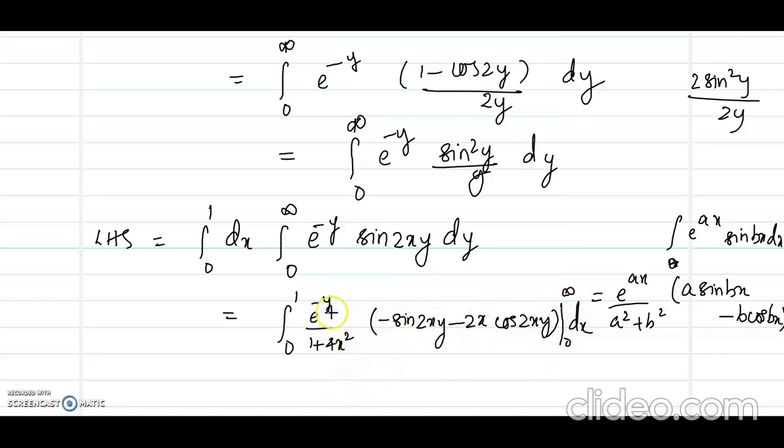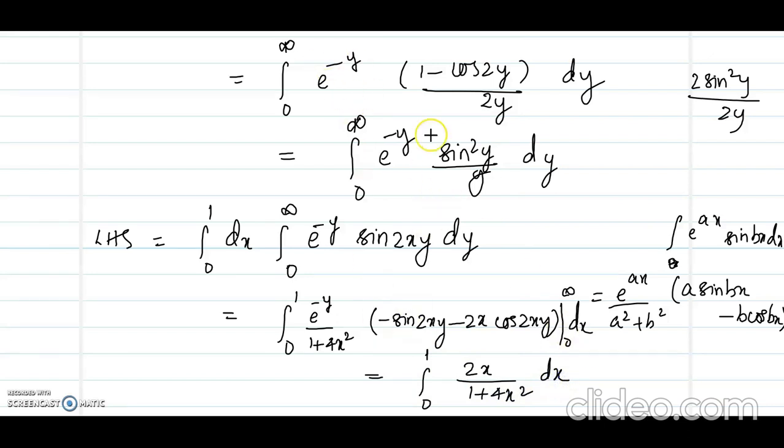At 0, e power minus 0 is 1, so 1 by 1 plus 4x square. Again when y is 0, the sin term becomes 0 and cos 0 becomes 1. So the remaining we will get is integral 0 to 1 of 2x by 1 plus 4x square dx.